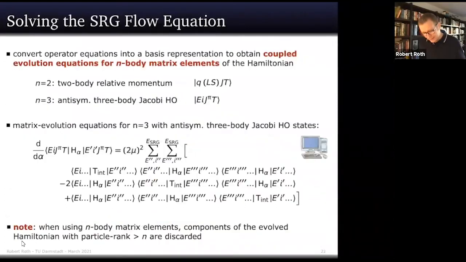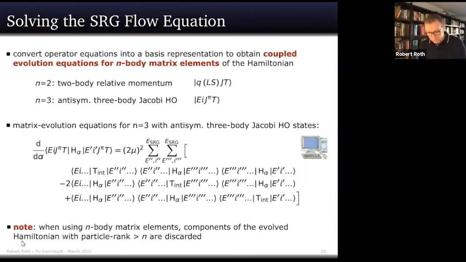Okay, now let's do that. Let's solve this flow equation. And solving this equation means, again, as usual, we have to go to some kind of representation, a matrix representation for the quantities that we need there. So again, we dig out our matrix elements. We don't use these operator equations that I wrote up to now.